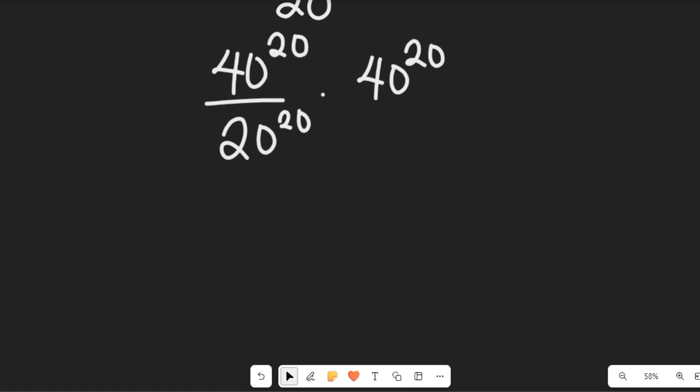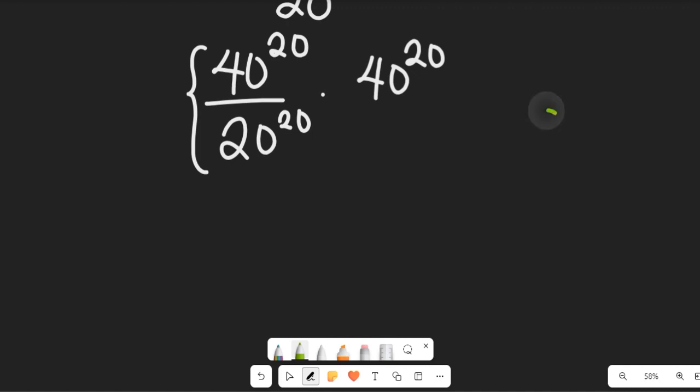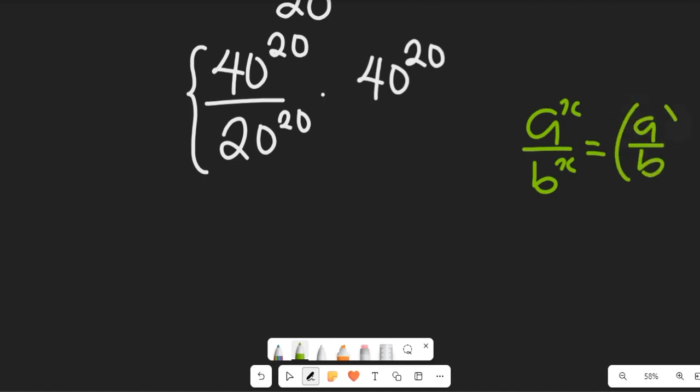Now, you come to see that the numerator and the denominator have the same power. So recall the law of indices that if I have a to the power of x divided by b to the power of x, as long as they both have the same power, this can be a divided by b all to the power of x.